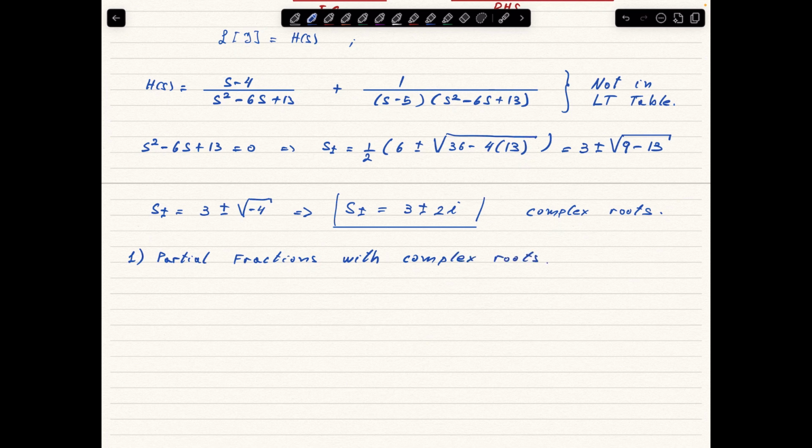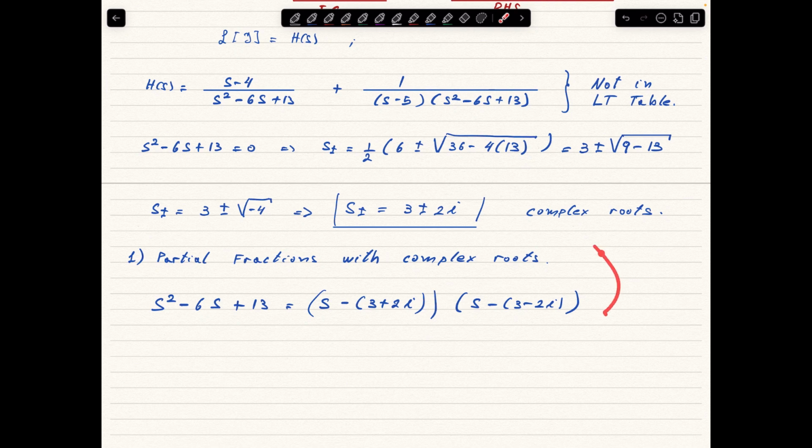What is that? Well, we have shown that our denominator, which is this polynomial, can be written as s minus 3 plus 2i multiplied by s minus 3 minus 2i. Because the roots are complex, but they are roots, so we can work with that.